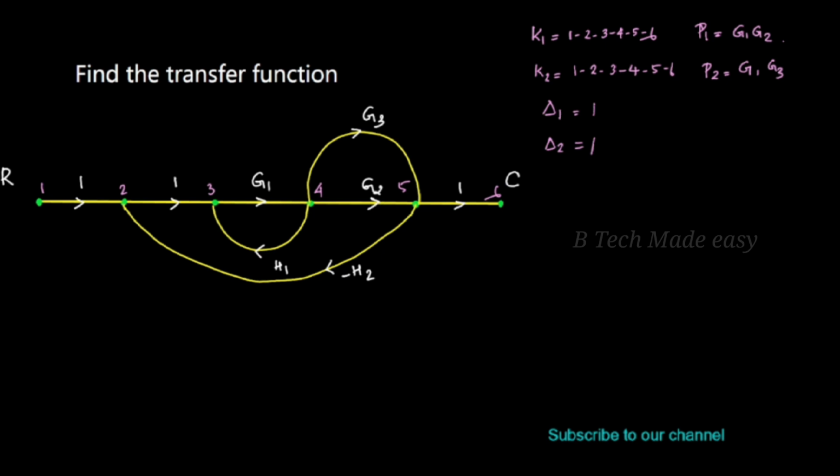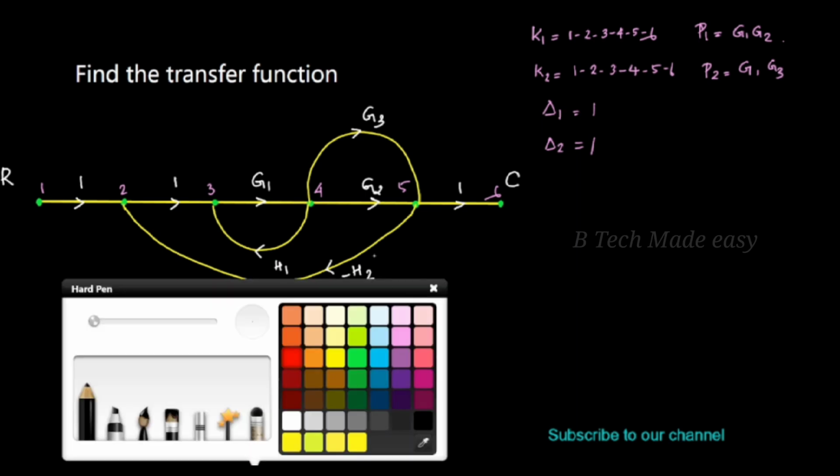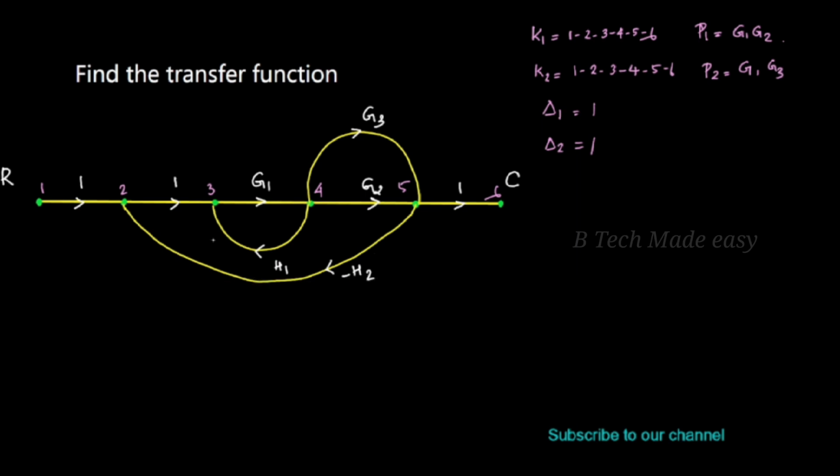For this, we have to find how many loops there are in this signal flow graph. This is the first loop, which starts from 3, passes to 4 and ends at 3. This is the first loop, L1.